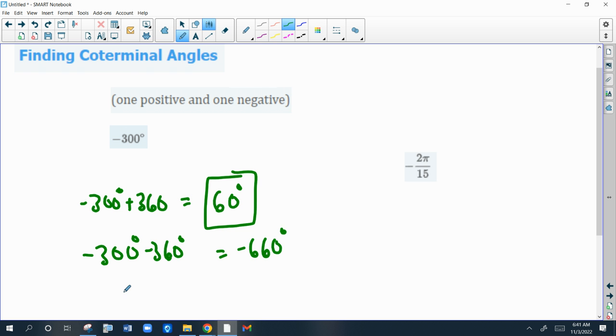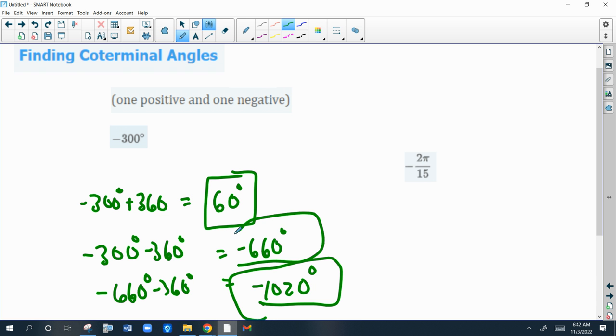So if you subtract 360 again, you get negative 1020. So all these angles are coterminal, and you can go on forever like this. Not that you want to, but there's millions of different answers you can give me. So degree measures are easy.